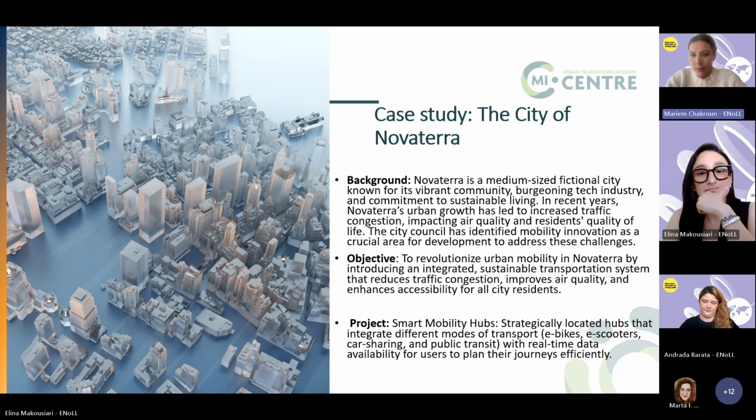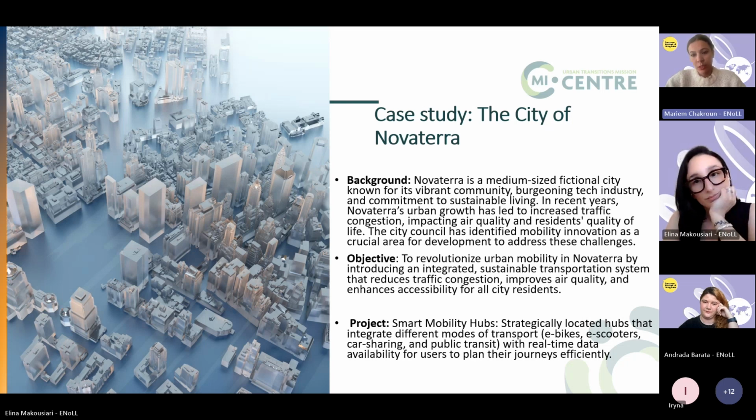Novatera is a medium-sized fictional city known for its vibrant community, technology industry, and also commitment to sustainable living. In recent years, Novatera's urban growth has led to increased traffic congestion, impacting air quality and residents' quality of life. The City Council has identified mobility innovation as a crucial area for development to address these challenges.